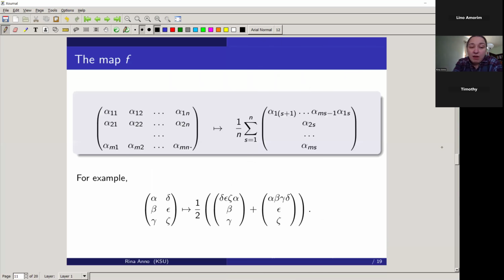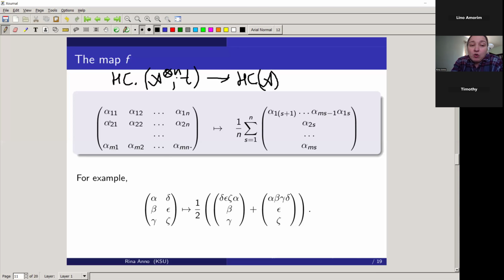So the map F is from Hochschild complex of A tensor n twisted by T to just the Hochschild complex of A, not twisted by anything. So we are taking this matrix and turning it into just a chain in A. The way we do it is we sum over all columns of this matrix.